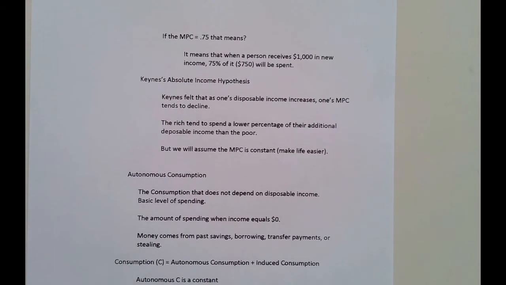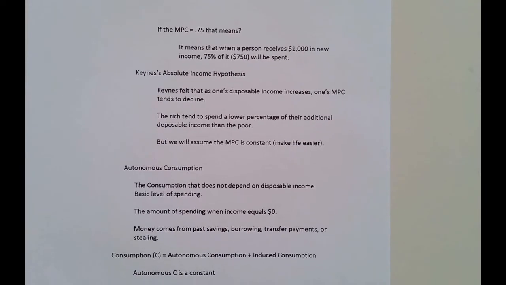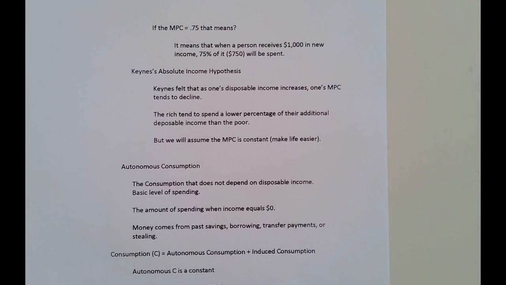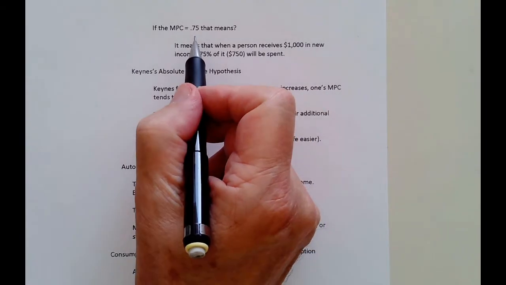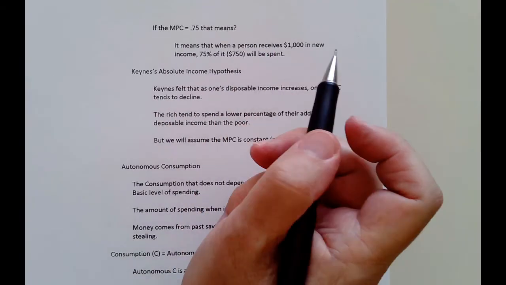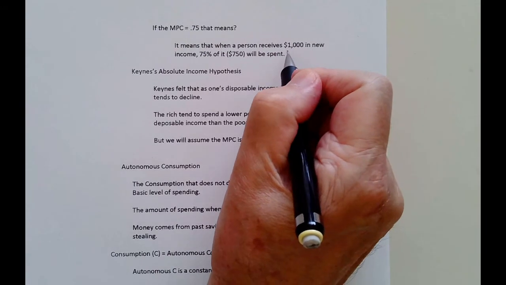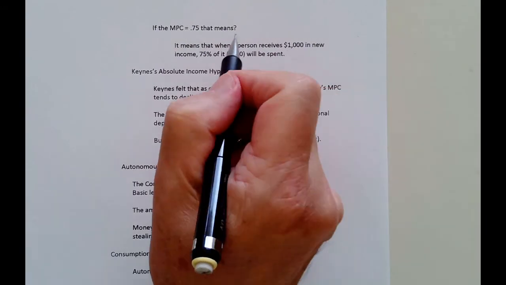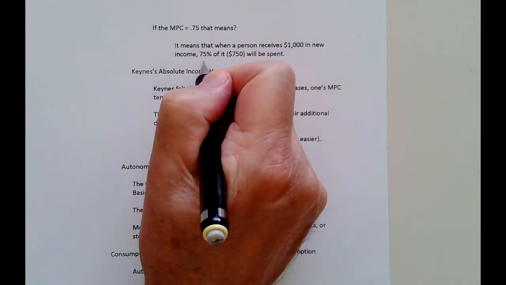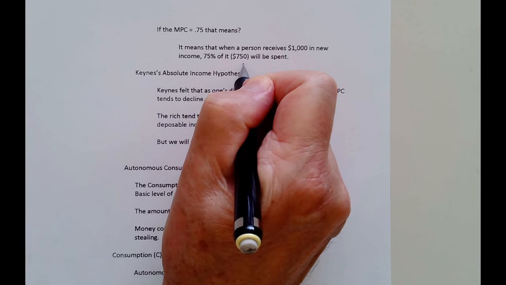We can have different MPCs on our exams and homework. If I gave you an MPC of 0.75, what does that tell us? Well, again, you take the same $1,000. This time, because the MPC is lower, you're going to spend 75% of that, or $750. What do you do with the rest of it? You save it.